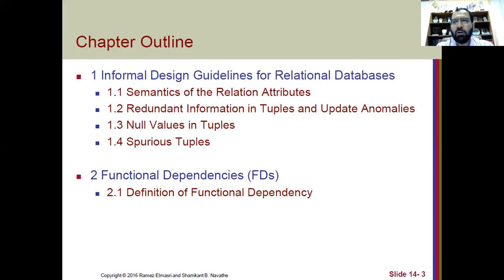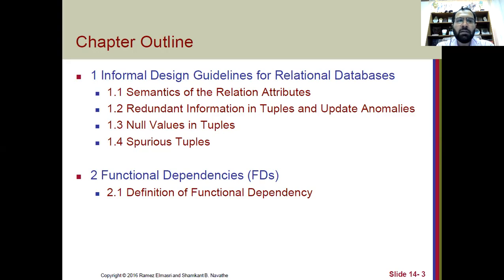When I say an update anomaly, it means that whenever you go for an update or a change, let's suppose in the value of a particular attribute, then how it affects the relation and all other relations which are related to that particular relation.